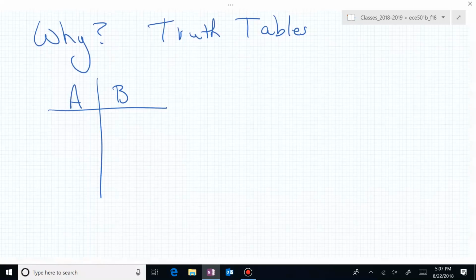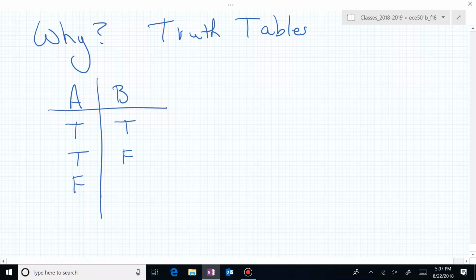We could have true A generating a true B. We could have a true A and a false B. And now we could have false A with true B, and false A with false B. We want to look at all the combinations of A and B, and that should do it.